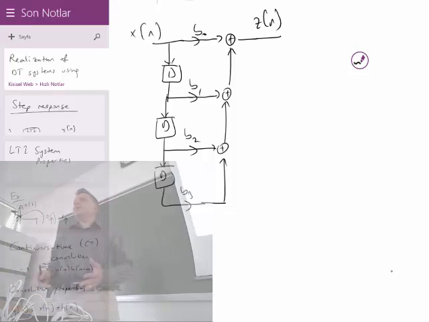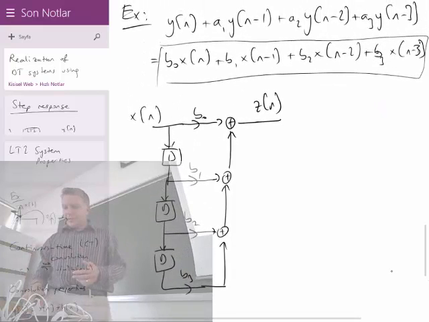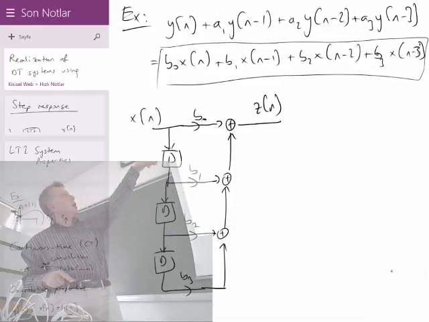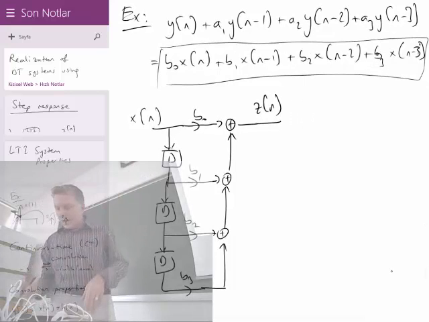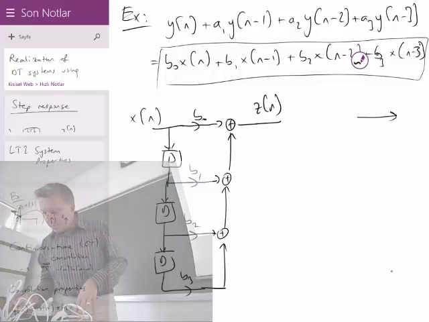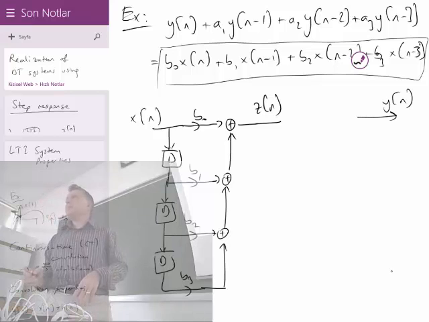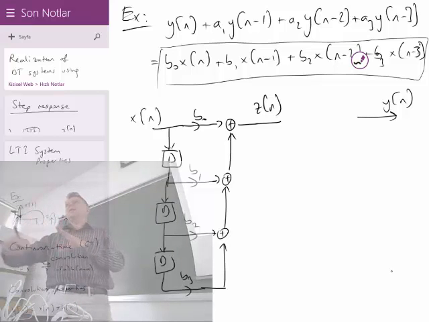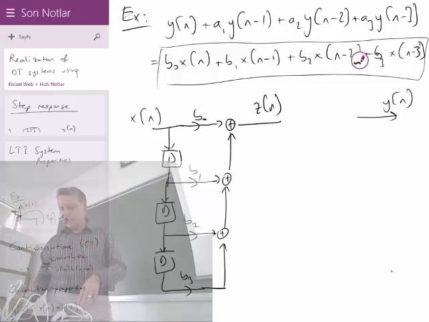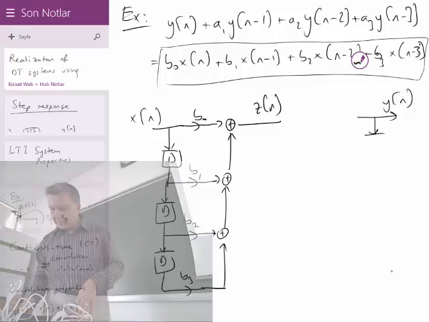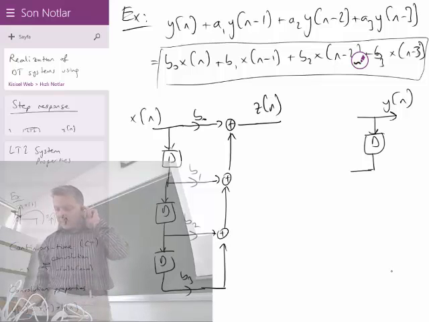Now this intermediate z of n will be used as an input to the third order difference equation at the output side. And I will start by drawing y of n, because that's what I need, as it's the output. Then I will have y of n minus 1, y of n minus 2, etc. This is y of n minus 1, which will be multiplied by minus a1 at the feedback.